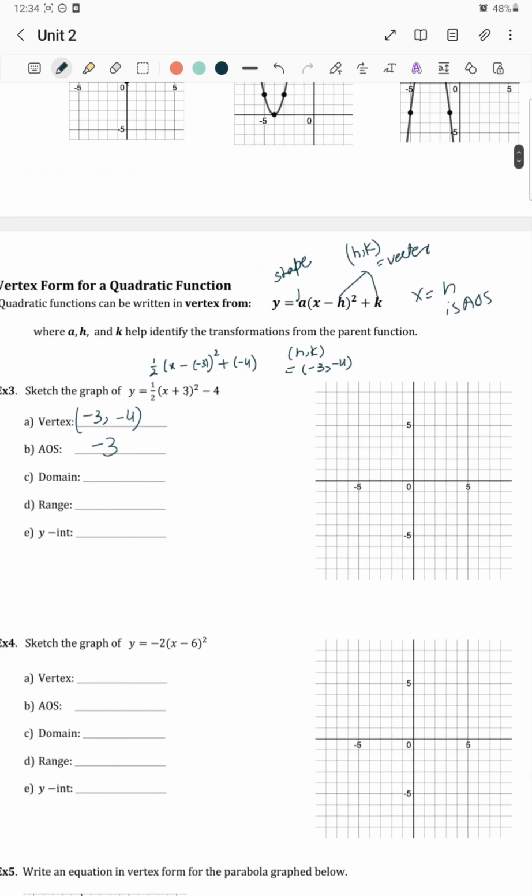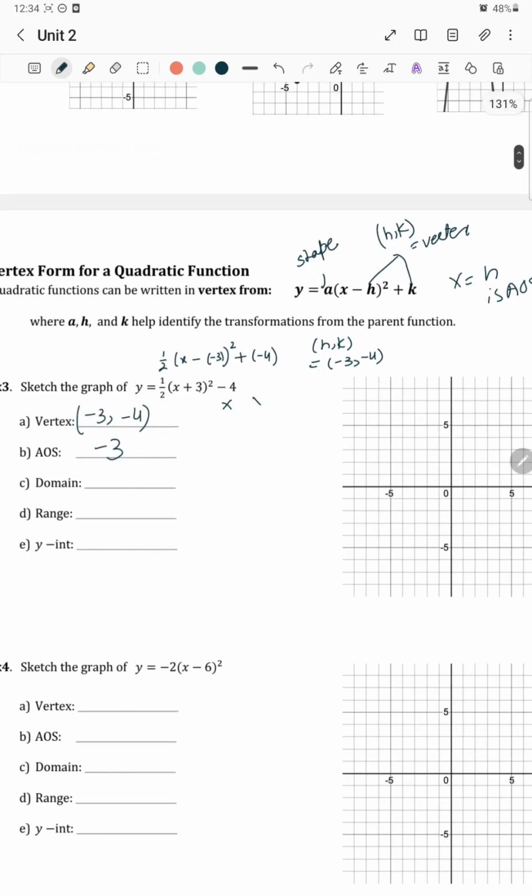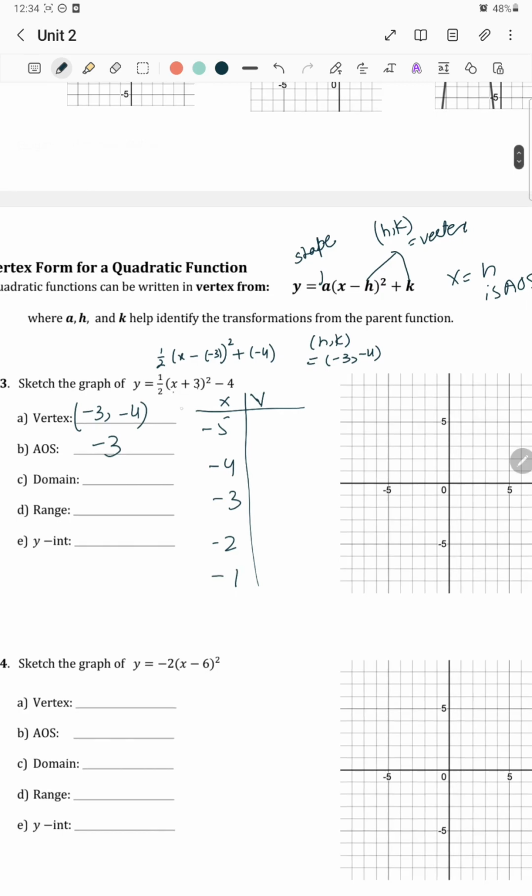So let's plot the graph. For x equals minus 5, minus 5 plus 3 is equal to minus 2, square is plus 4, by 2 is 2, times 2 is 4 and minus 2. And here we get minus 4, here we get minus 2.